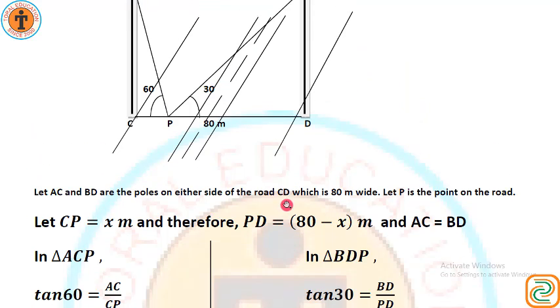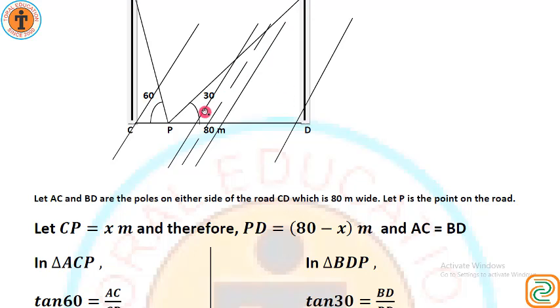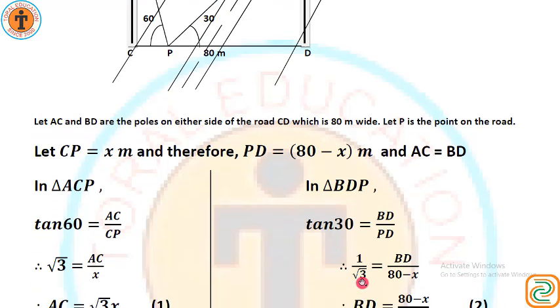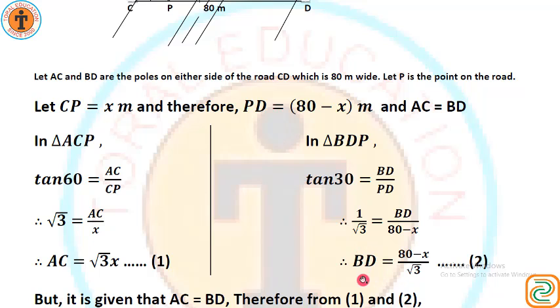Similarly, in triangle BDP, tan 30 equals BD upon PD. tan 30 is 1 upon root 3, and PD is 80 minus x. So BD equals 80 minus x upon root 3.